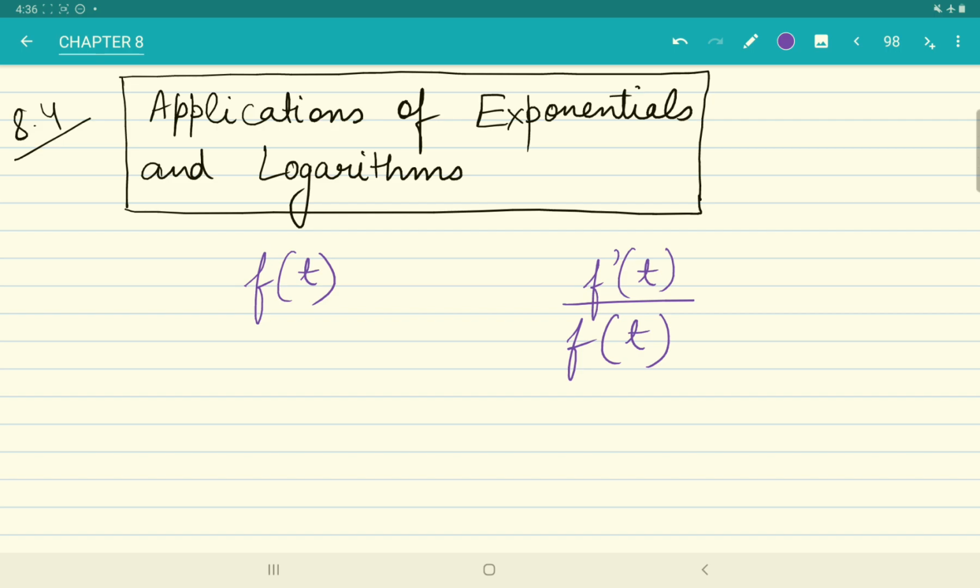And in many cases we see that this relative rate of increase or the proportional rate of increase is constant. That means it is equal to r.